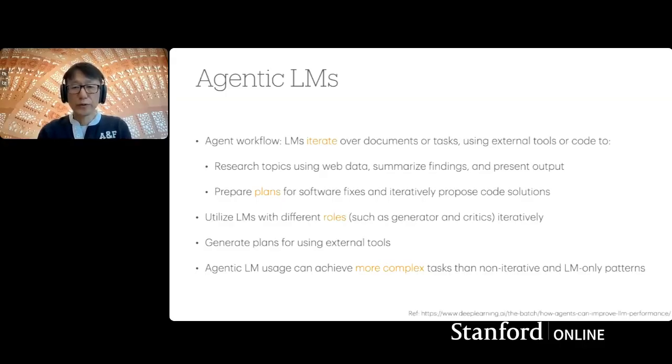However, if you put your task in this type of agentic format or pattern, then the model will do more complex tasks, even using a model that may not be able to do it if you don't do it this way. So that's one of the reasons agentic language models are pushing the boundaries, so that the things we can do with AI agents are more complex, or cover different domains that we can rely on.